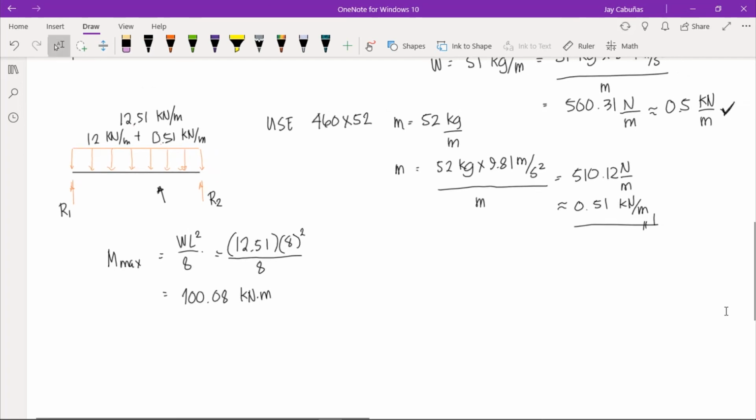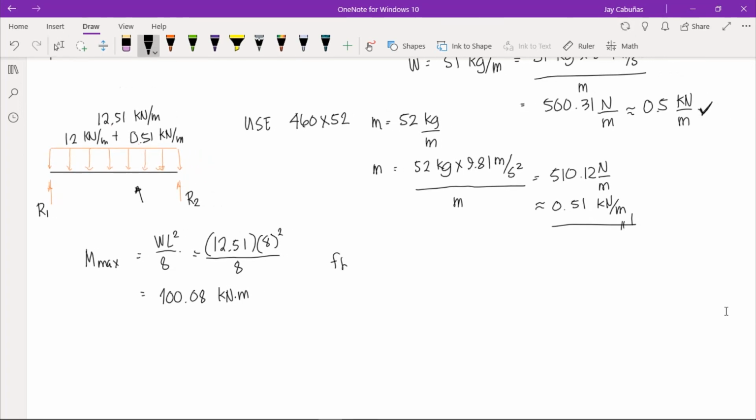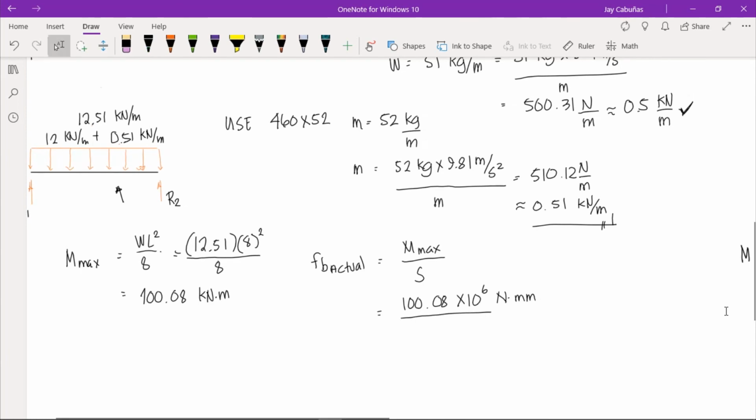So we compute the actual flexural stress. F_b actual is equal to the maximum moment, or the actual moment, over the S of our chosen wide flange section. So we have the maximum moment here, 100.08 times 10 raised to the 6 in Newton millimeter, over the section modulus of the section.